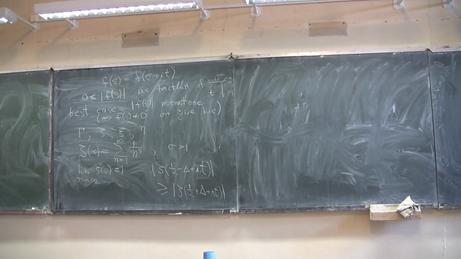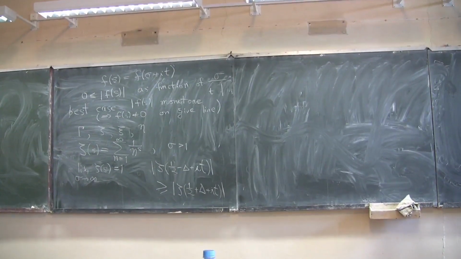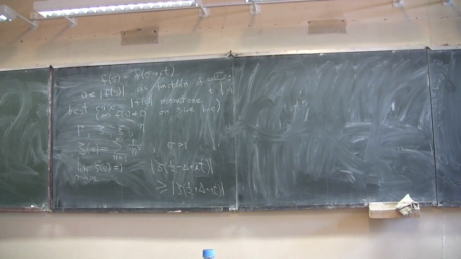So it's point symmetrical with the critical line. The modulus on the left side is greater than that on the right side.